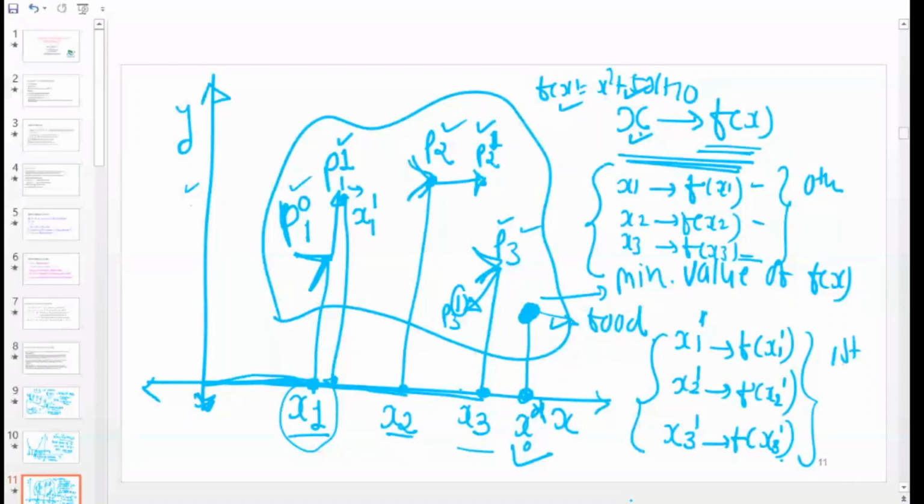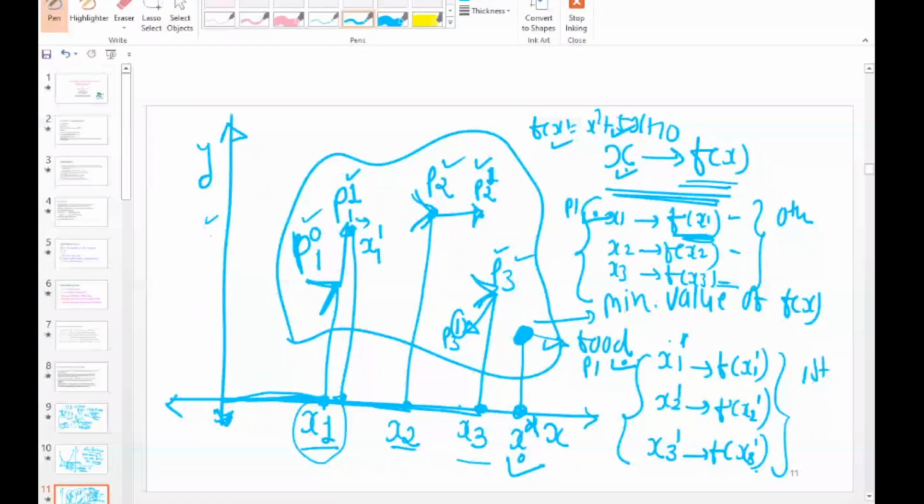Now what do we do? For every particle, suppose P1, compare the function value. This is the function value in the 0th iteration for the particle P1, and this is the function value of the particle P1 at the end of the first iteration.